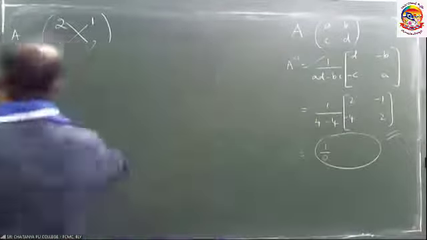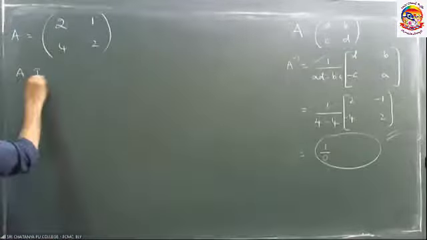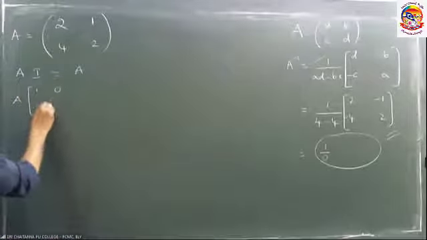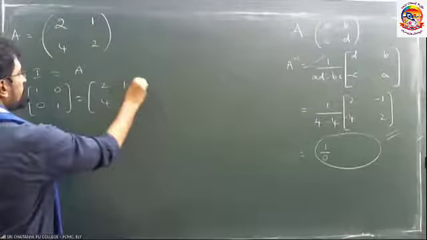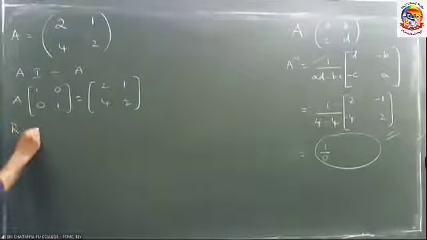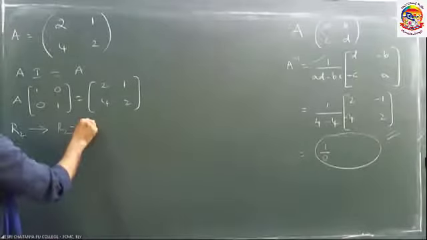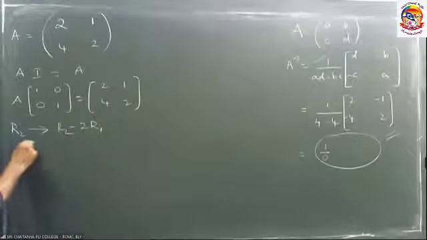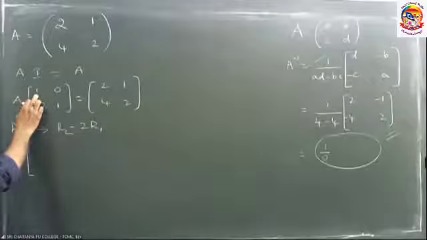Same, capital A is equal to this. Observe, AI is equal to A into I, that is [[1, 0], [0, 1]] is equal to [[2, 1], [4, 2]]. Right? Now, R2 changes to R2 minus 2R1. I am going to get capital A, and I am changing R2; you just keep R1 as it is.